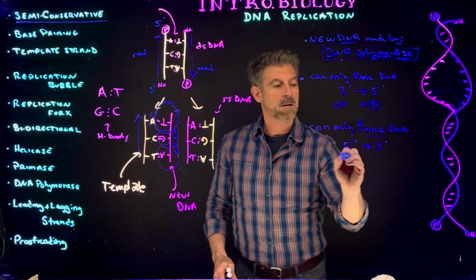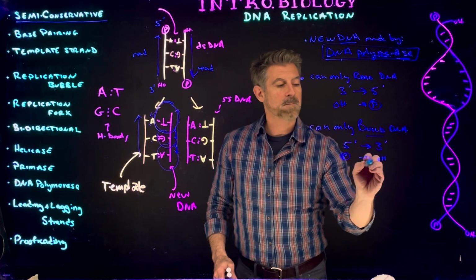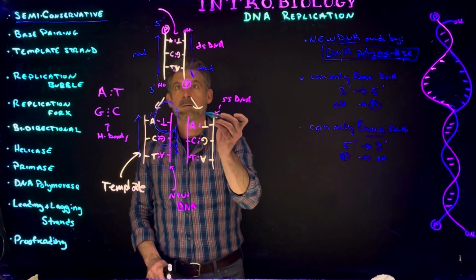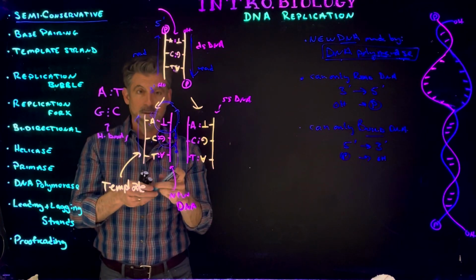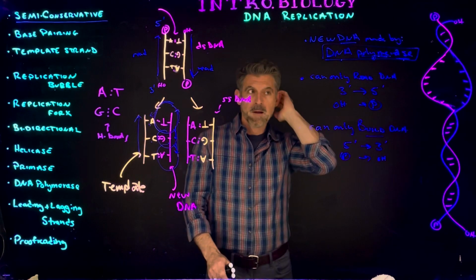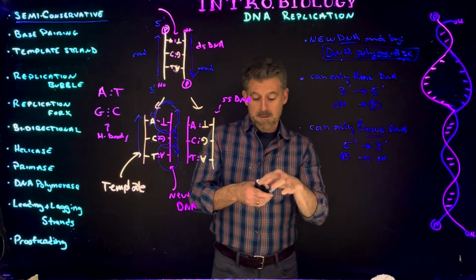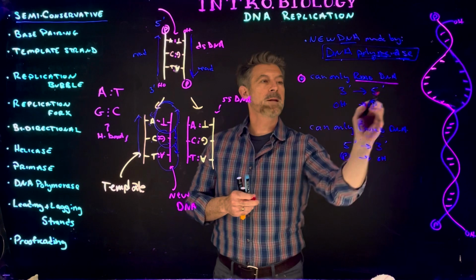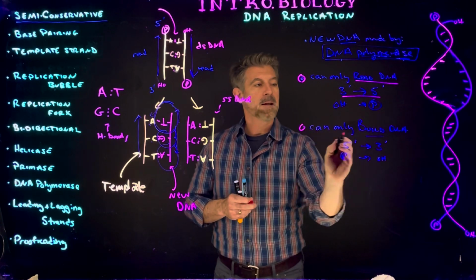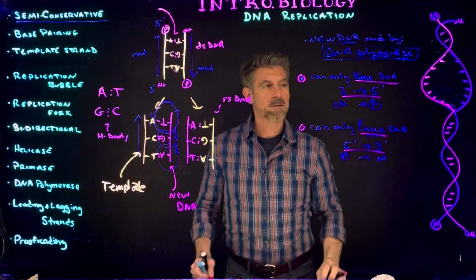Okay, so that's now phosphate to OH. So the other strand has to be opposite, right? So that should make sense. So these are some rules. This first rule, it can only read 3' to 5', and it can only build DNA 5' to 3'.